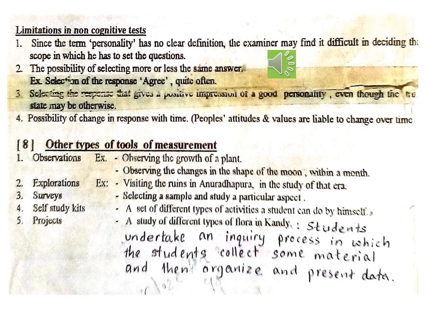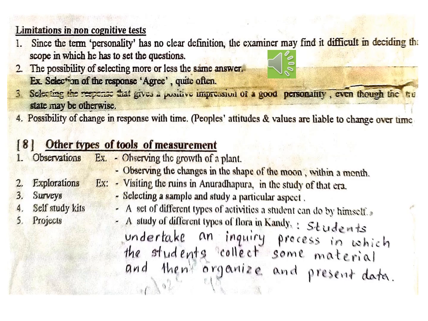The possibility of selecting more or less the same answer. If we give them a rating scale, most of the time people tend to select the average one, like cannot say, average. For example, selecting the response agree quite often.